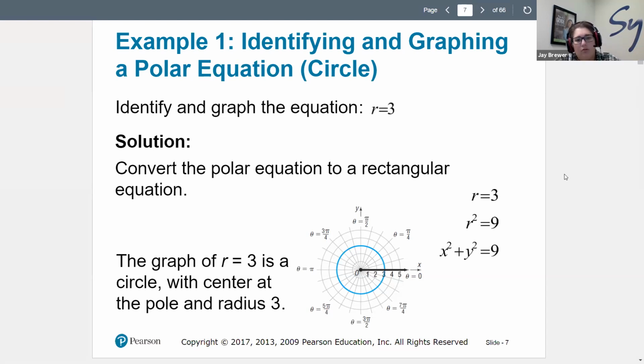So you have a circle with a radius of 3 and the center at the pole. So the center is at (0, 0). And you can see it drawn on the right. Any questions on graphing something like that?